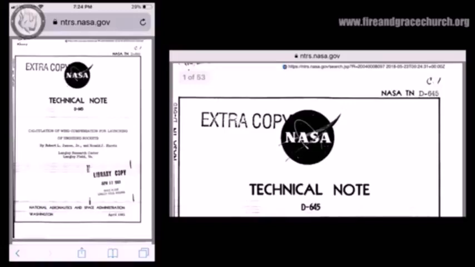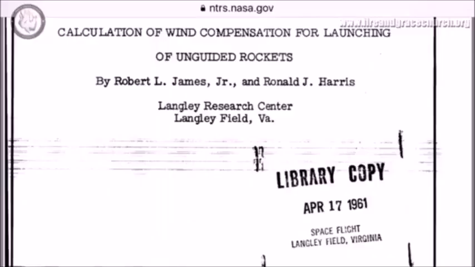So here, y'all are gonna love this. What's the website? Everybody, look at the top there. NASA.gov. April 1961, National Aeronautics and Space Administration. Calculation of wind compensation for launching unguided rockets. Pretty serious stuff, rocket science. So we're talking about rockets, by Robert L. James Jr. and Ronald J. Harris, Langley Research Center, Langley, Virginia.